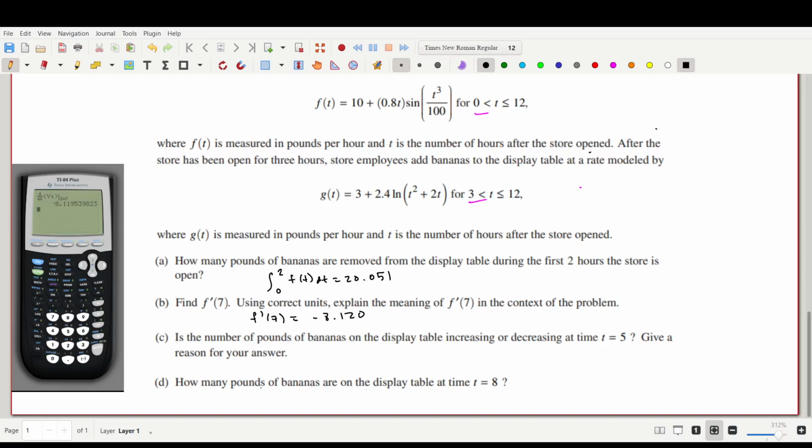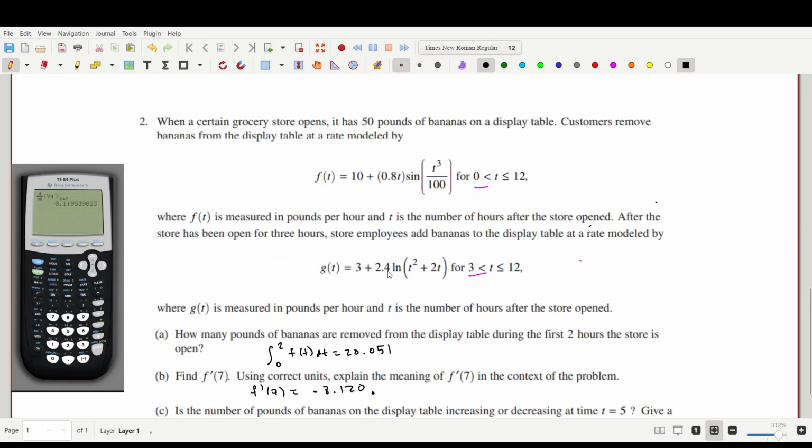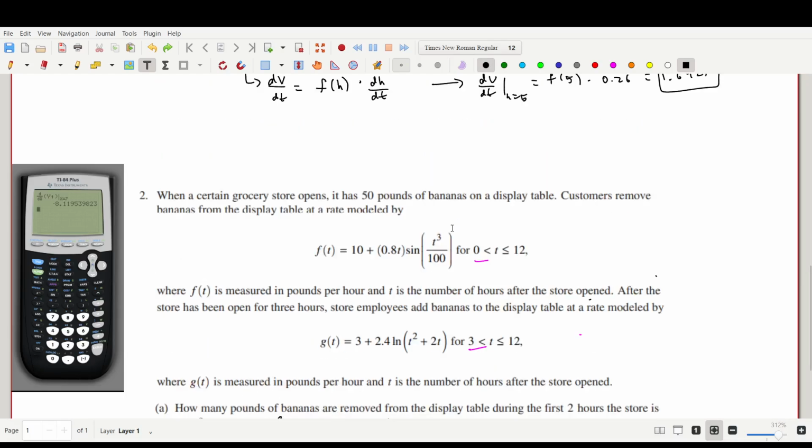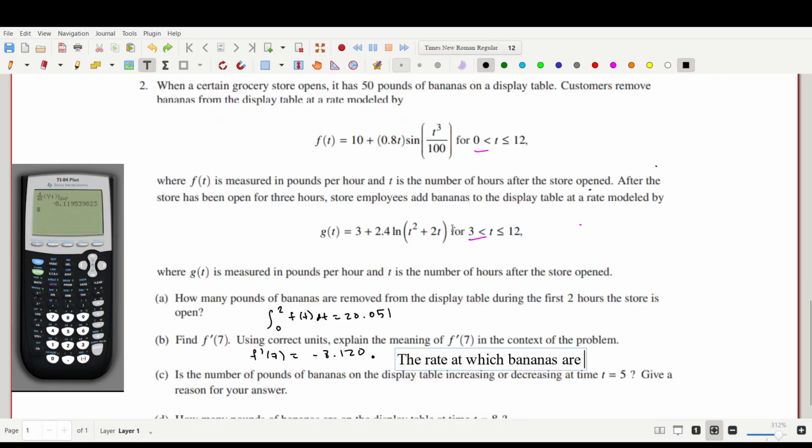What does this mean in the context of the problem? So I have to read this again. F is already a rate, so maybe I'll just type it out.